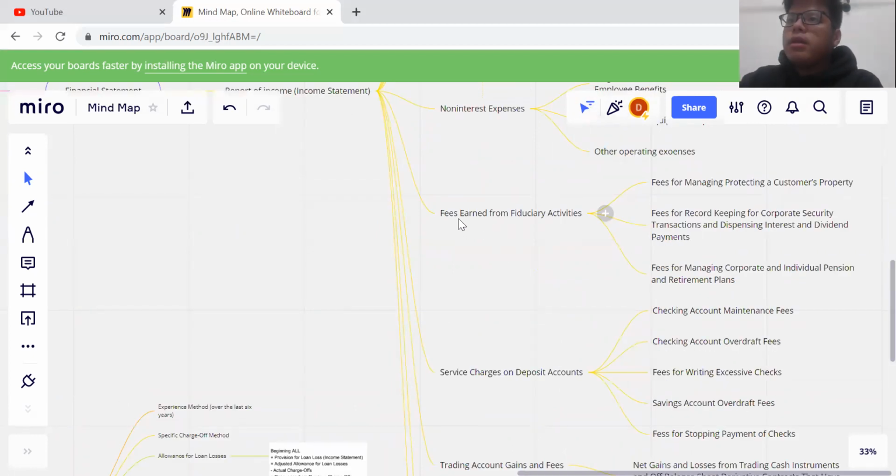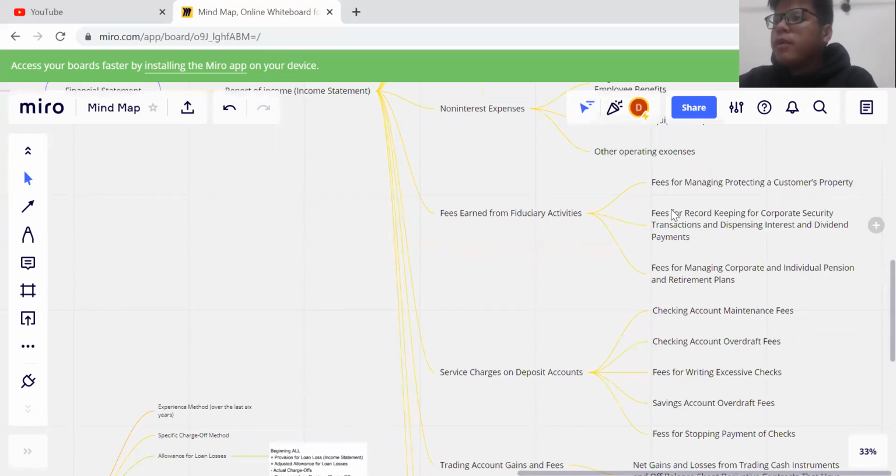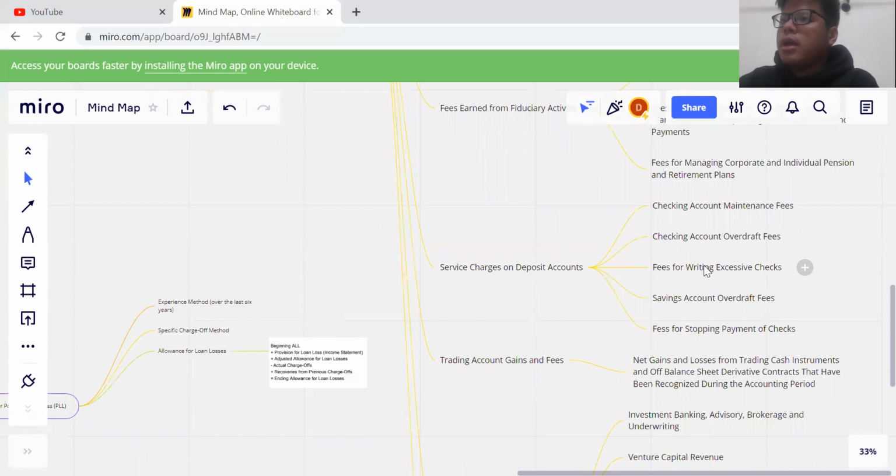We have more: fees earned from fiduciary activity, fees for monitoring and protecting a customer's property, fees for record keeping for corporate security transactions and dispensing interest and dividend payments, fees for monitoring corporate and individual pension and retirement plans.